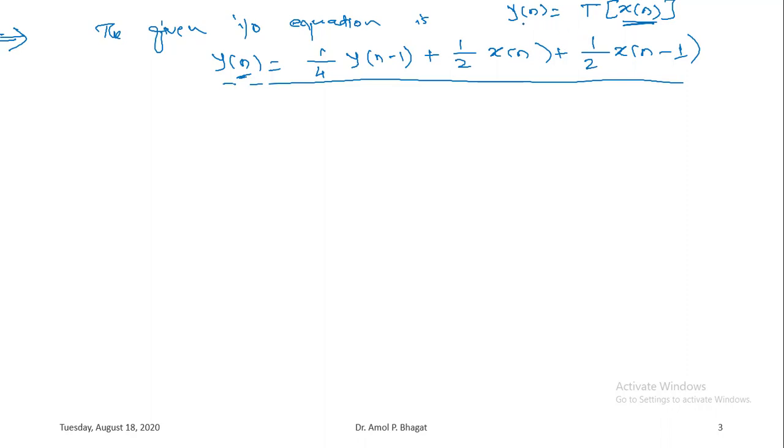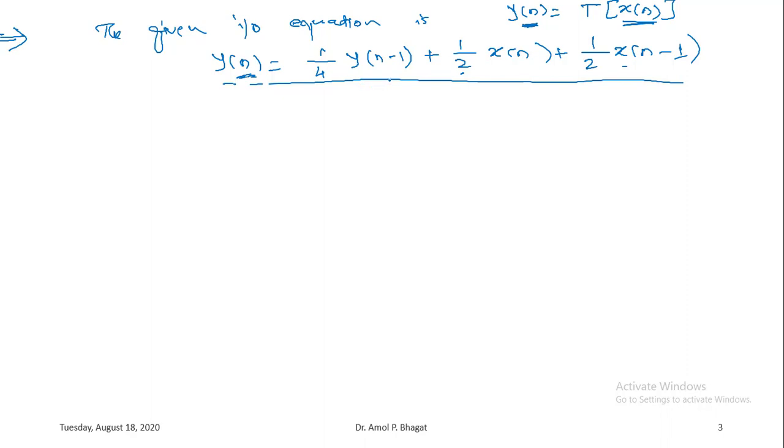But how is this output produced here? The input is multiplied with 1 by 2. Similarly, the input's delayed version is taken and again multiplied by 1 by 2, and it is added to that quantity. And again the previous output y of n is taken, which is multiplied with 1 by 4.